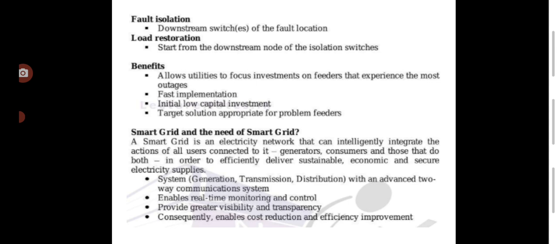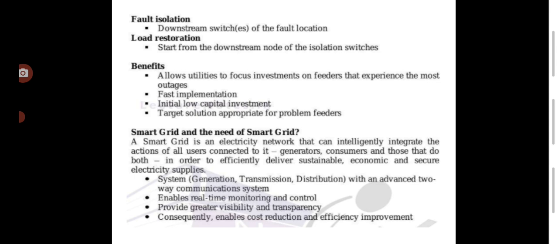Under this, the first one is the system, that is generation, transmission, distribution with an advanced two-way communication system, which has been done with the help of the smart grid with the communication networks. Next, it enables real-time monitoring and controls. Real-time monitoring could be done with the help of the SCADA systems. Next, it provides great visibility and transparency.